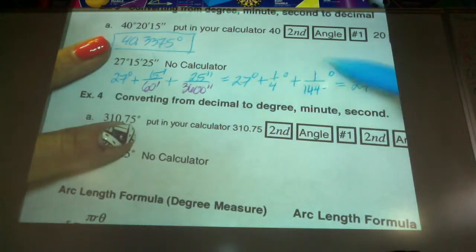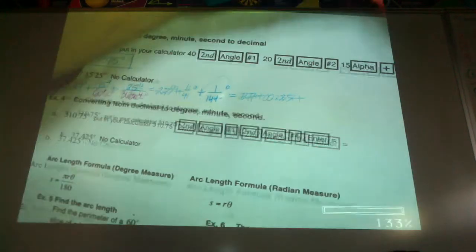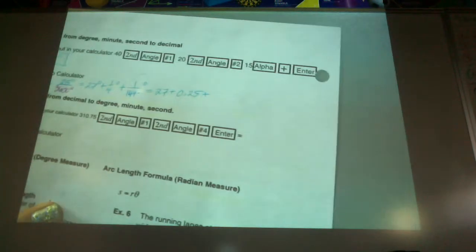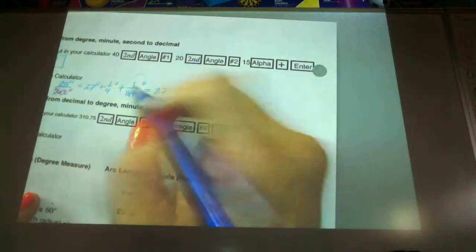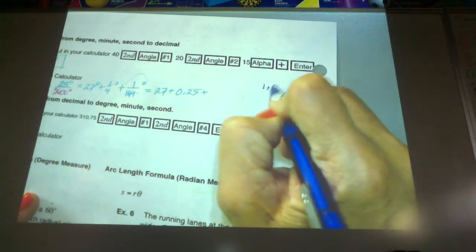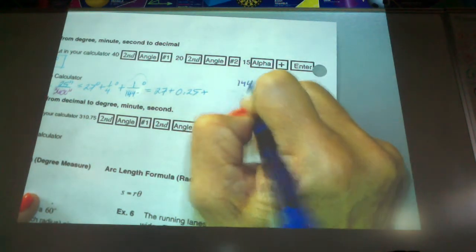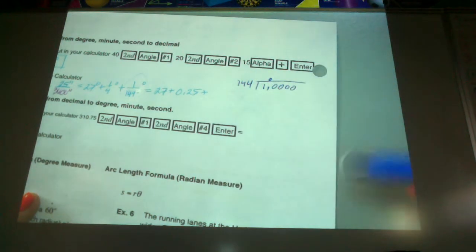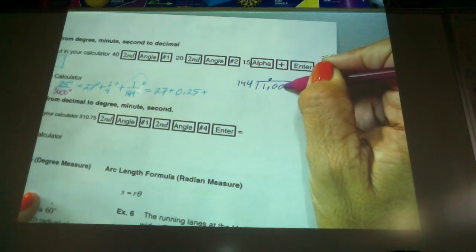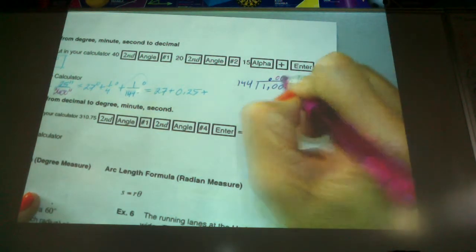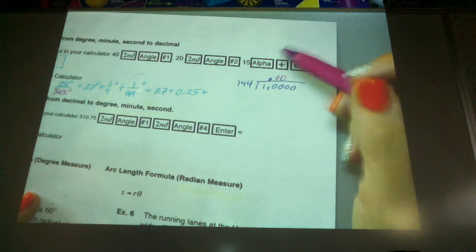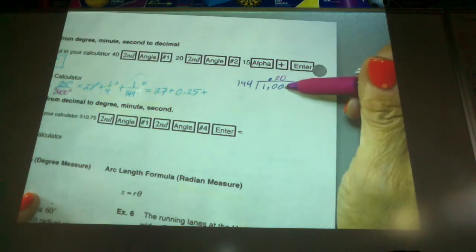This is the only part that we have to do long division on. So let's do a little bit of long division. Ugly but true. So 1 is up top, so 1.0000 divided by 144. Bring the decimal point up. Does 144 go into 100? No. It goes in there 0 times. But 144 goes into 1,000 at most.